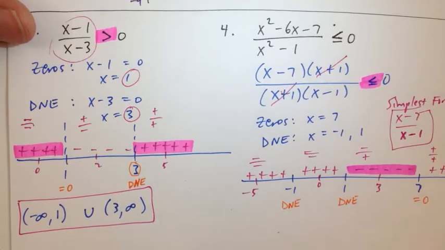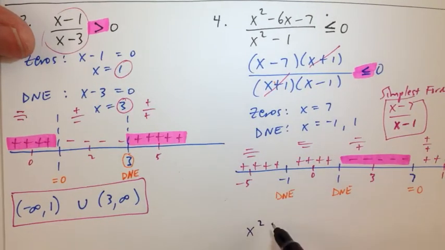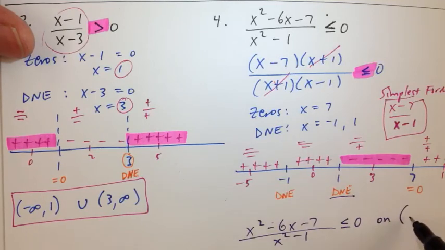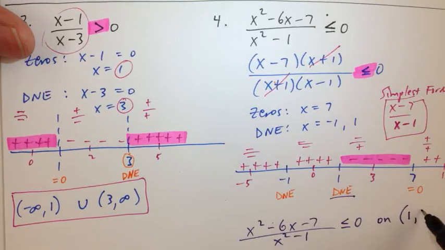And so we would say that x squared minus 6x minus 7 all over x squared minus 1 is less than or equal to 0 on the interval from, be careful here, the D and E means we can't include 1, but we go all the way to 7, which is equal to 0. The function's values are equal to 0 there, and so we have this interval right here.